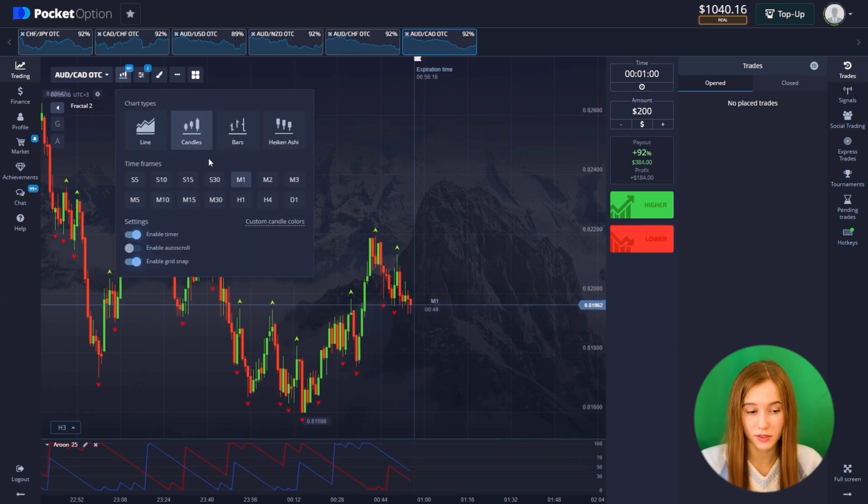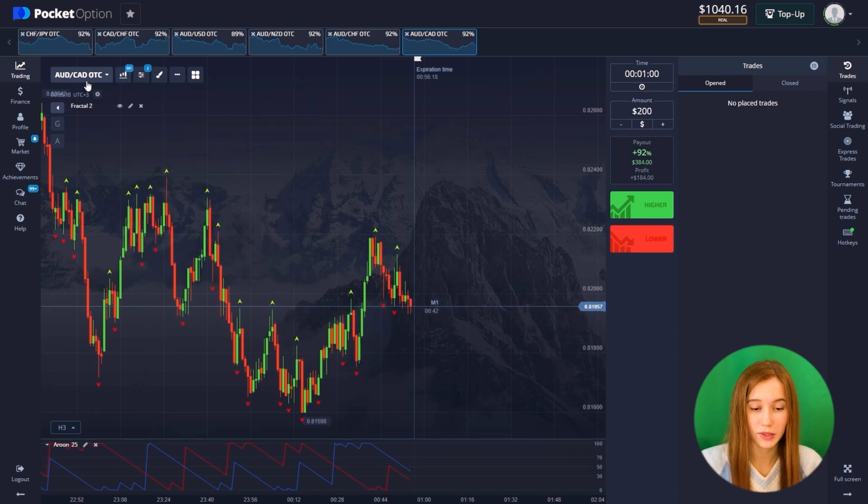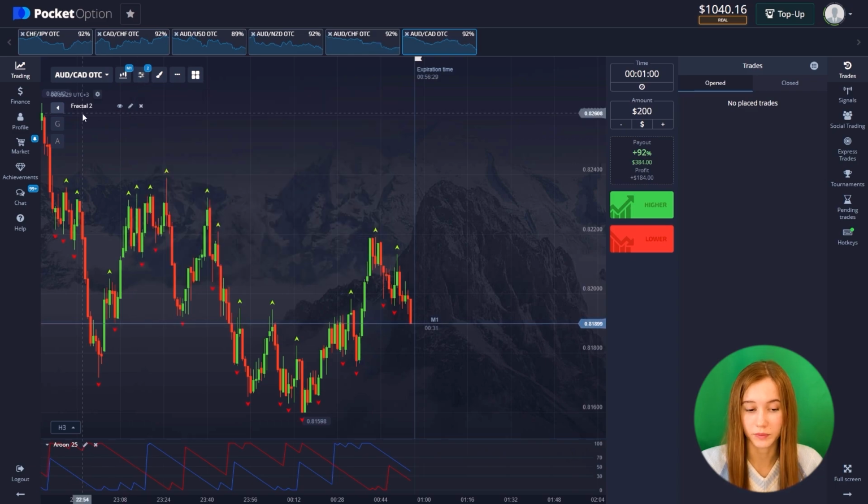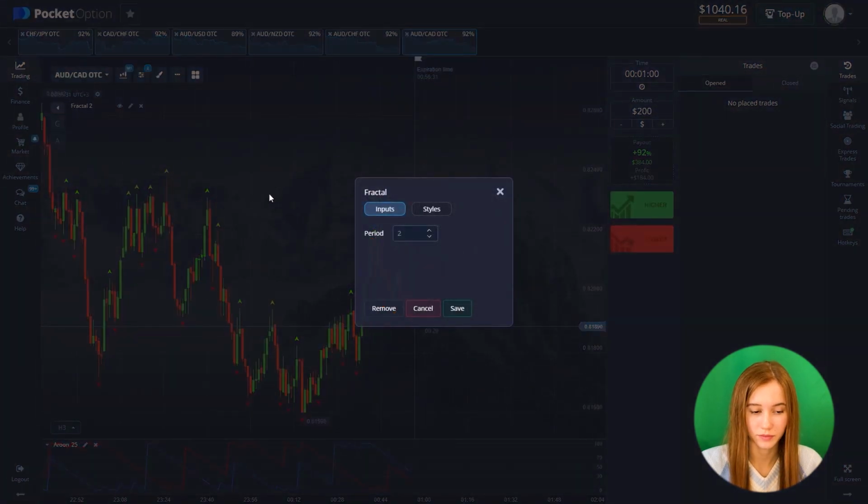So we used 1 minute deals, a 1 minute time frame, and currencies you can see at the top, and our two indicators, the indicator and fractal. You can see the settings, you can copy them and use them.